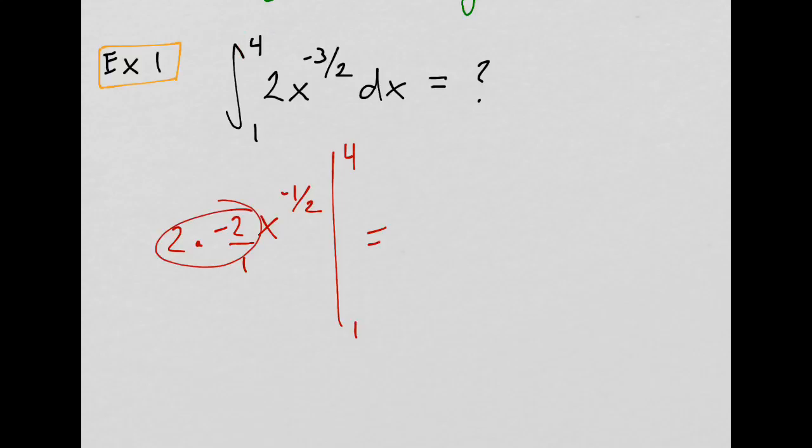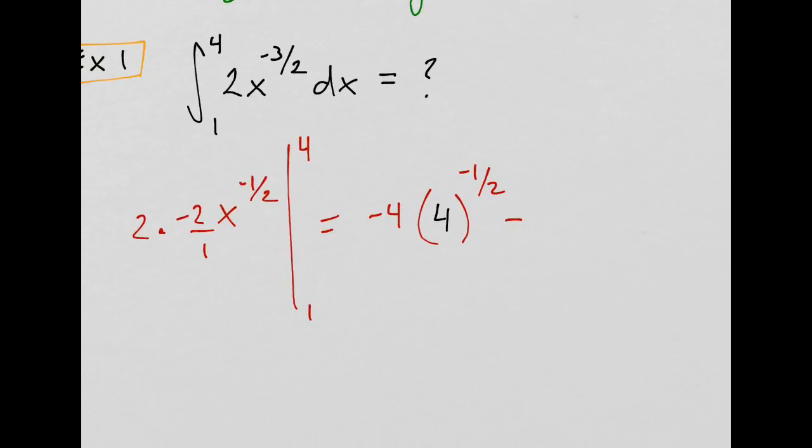Negative 2 times 2 is negative 4, and instead of x I plug in the 4, so I get negative 4 times 4 to the negative 1/2, minus, again negative 4, and instead of x I plug in the 1, still to the negative 1/2.